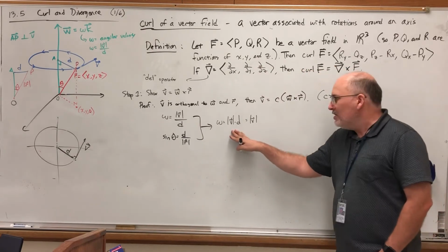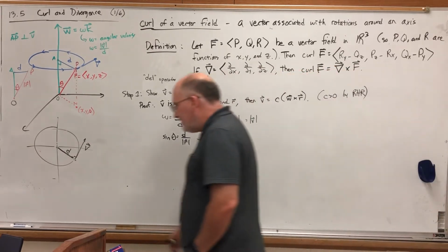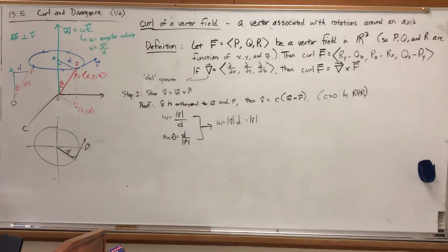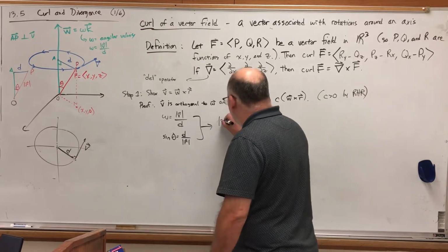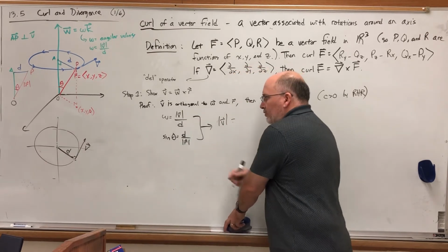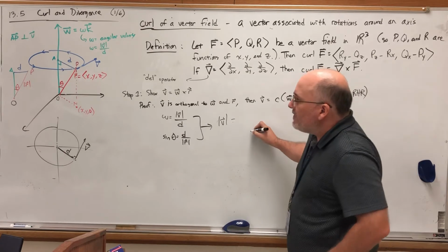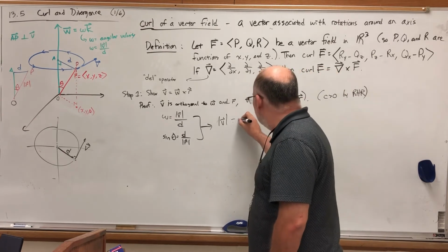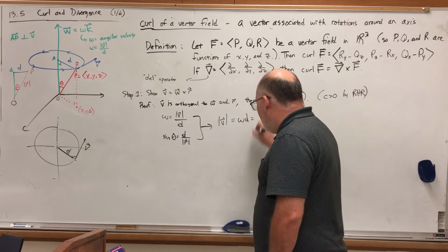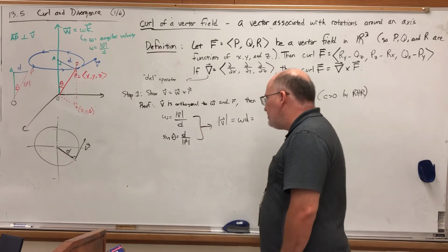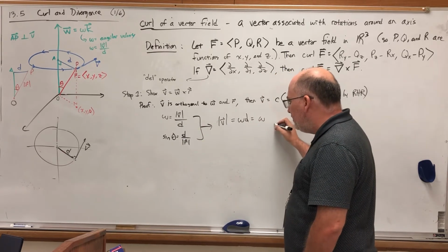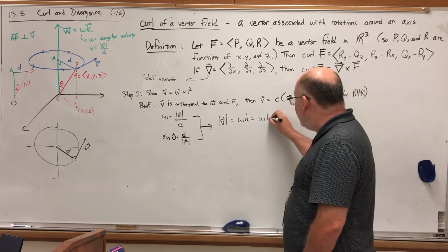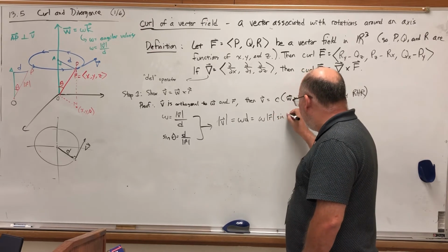Oh, that's what's wrong. Omega is not equal to the magnitude of V times D. But the magnitude of V, if we solve this for the magnitude of V, is omega times D. But D, if we solve this equation, is magnitude of R times sine of theta. So the magnitude of V is omega, magnitude of R, sine of theta.